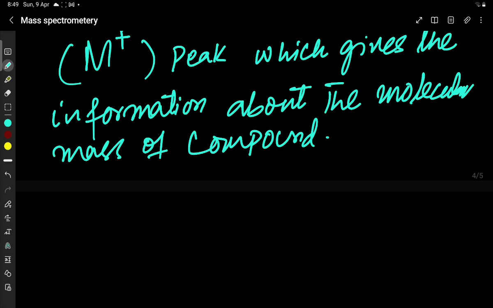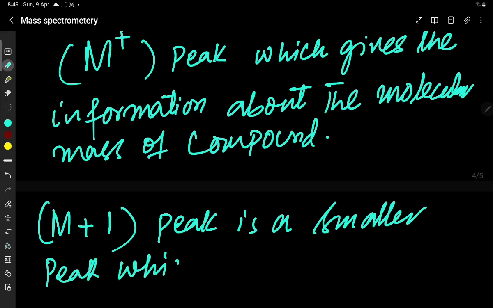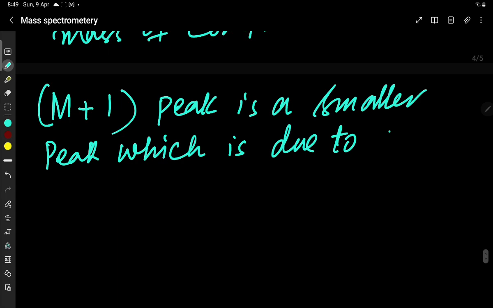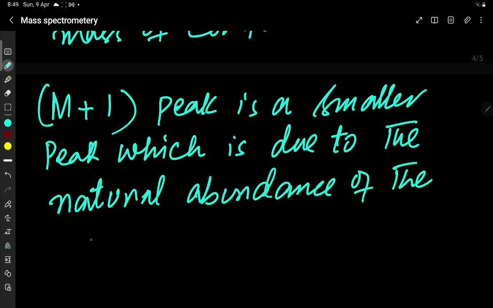There is another peak which is labeled M plus 1. The M plus 1 peak is the smaller peak, which is due to the natural abundance of the isotope carbon 13.